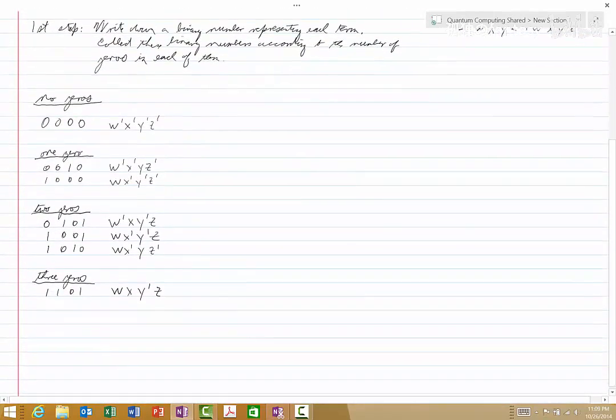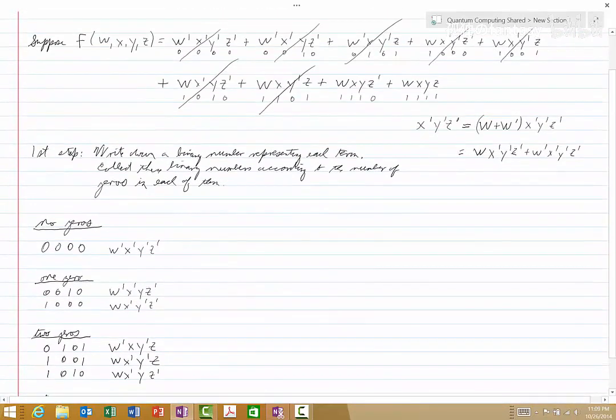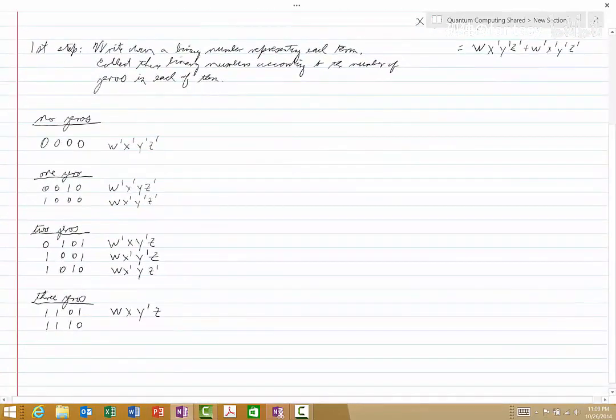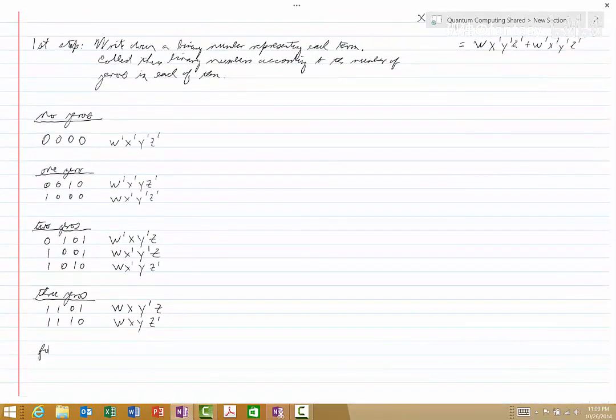And then 1, 1, 1, 0 is another, and that's W X Y Z prime. So we cross that off, and then finally, I'm counting this down wrong.